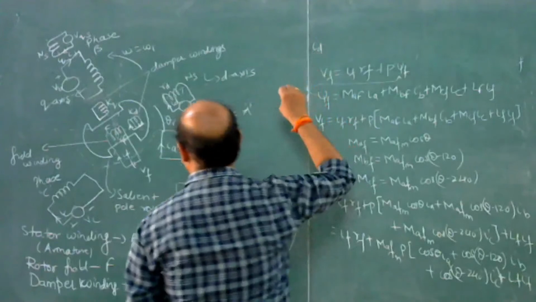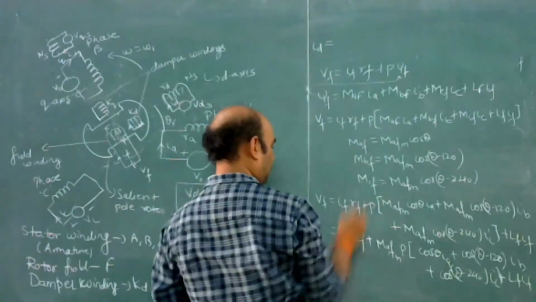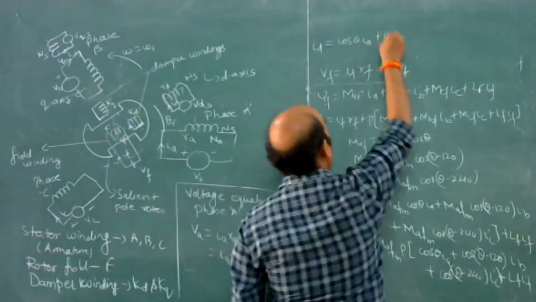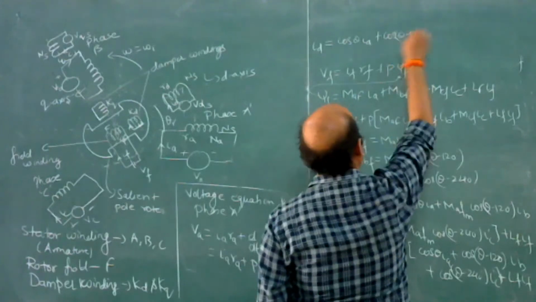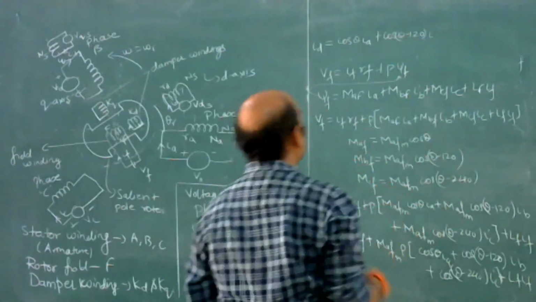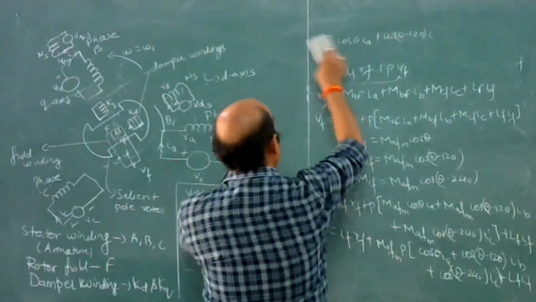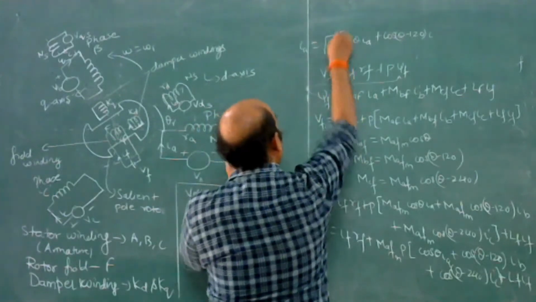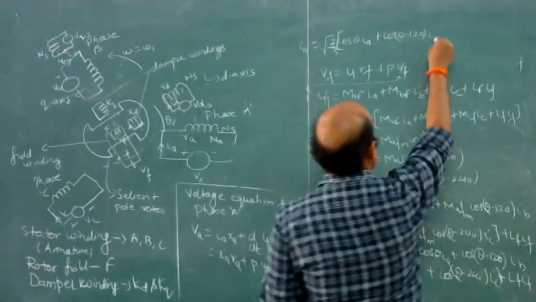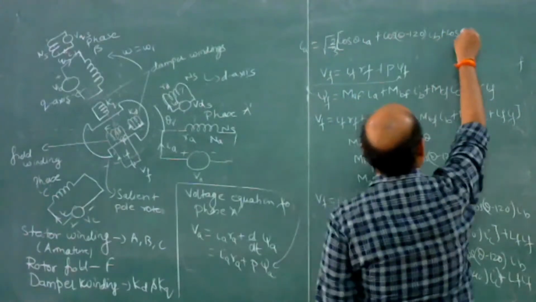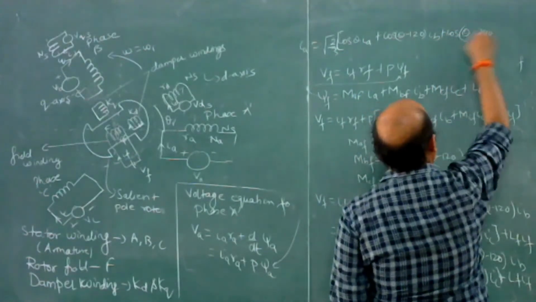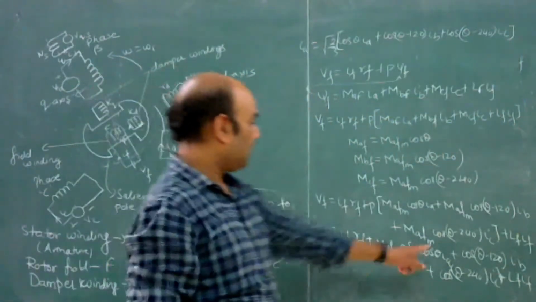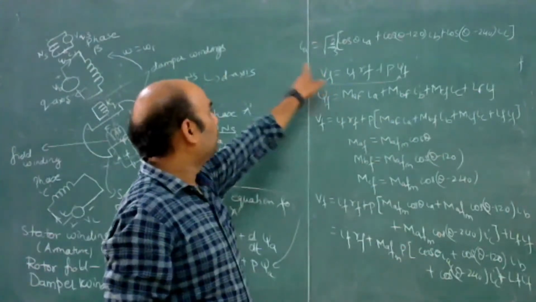So ID is equal to cos theta into IA plus cos theta minus 120 into IB, with the transformation factor 2 by 3, and cos theta minus 240 degrees into IC. Okay. So this value can be written as root 3 by 2 into ID.